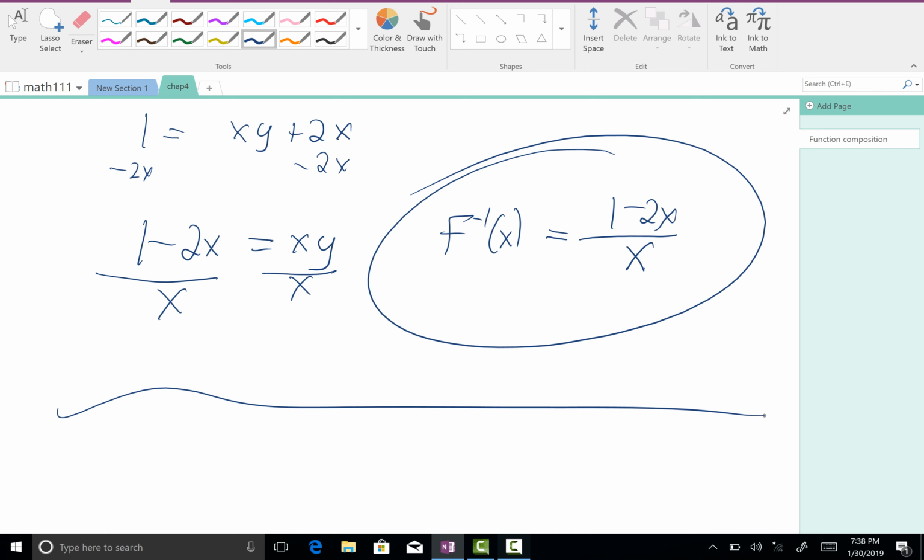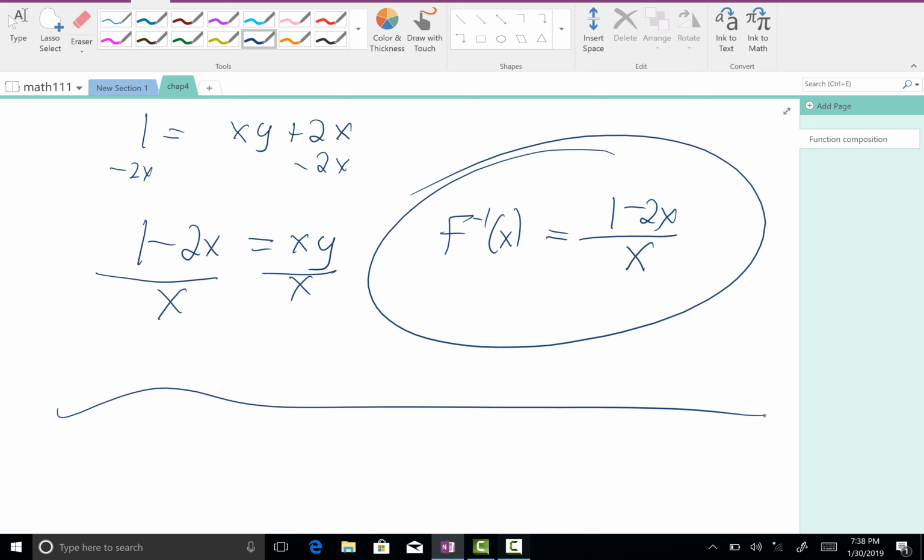Is it a function now? The green graph? Yeah. Okay? So that's why you don't do the plus or minus on the square root, because the inverse turns out to not be a function, and that becomes an issue for us. All right? That's why.